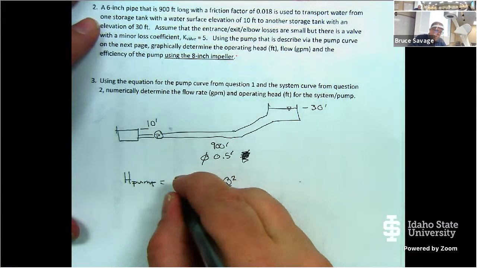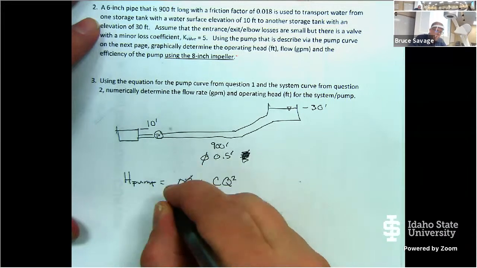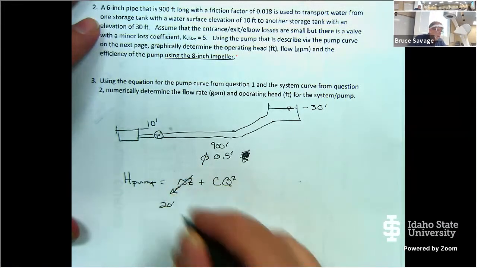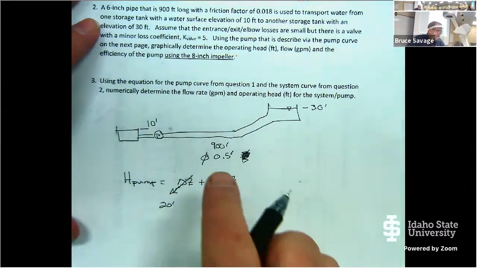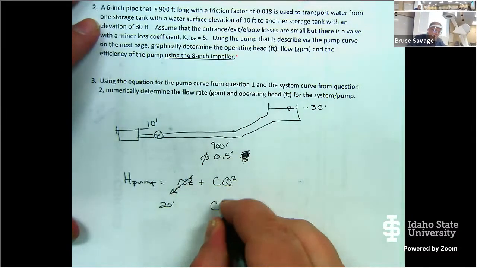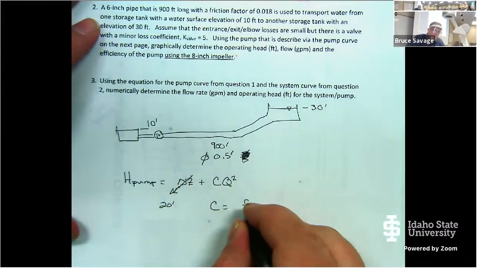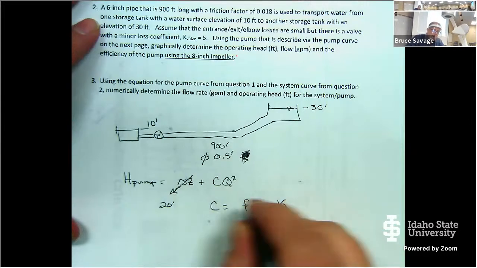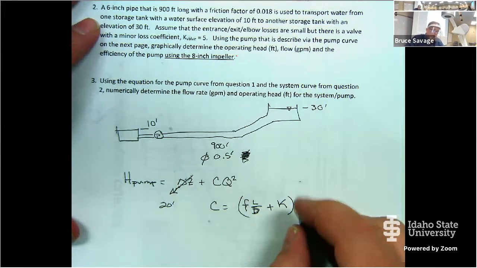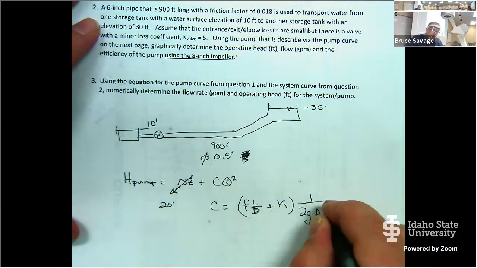Well, delta Z is 20, so 30 minus 10 gives me 20 feet. And now we have to calculate the C value. Well, C is equal to f times L over D plus K for our valve, times 1 over 2gA squared.